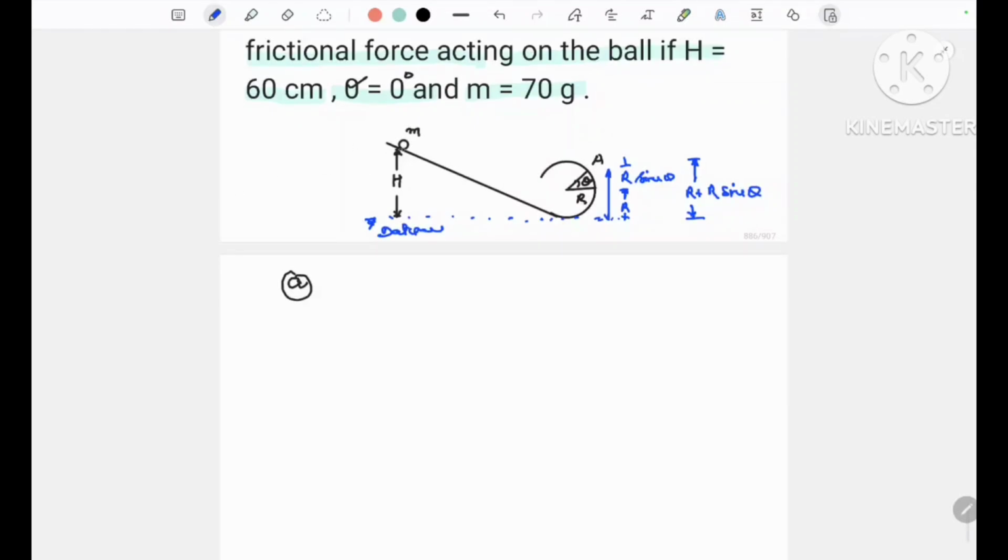This position is, suppose, B. Total mechanical energy at B, kinetic energy is 0, केवल potential energy होगी, that will be mgh.